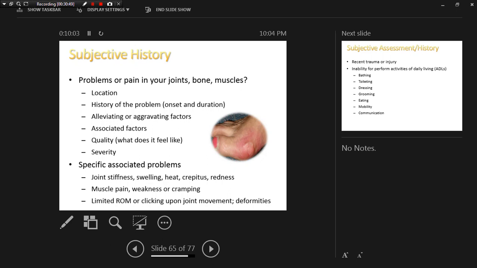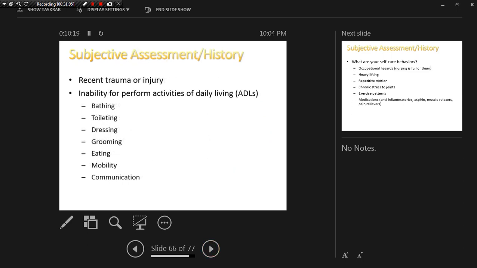Do they have any weakness? How is their range of motion? Is it limited, or do they have full range of motion, depending on the affected extremity? And in addition to really going in deep with the patient's complaint, we're also going to look at what led to this. Was this just a gradual degenerative process, or did the patient truly have a trauma or an injury?